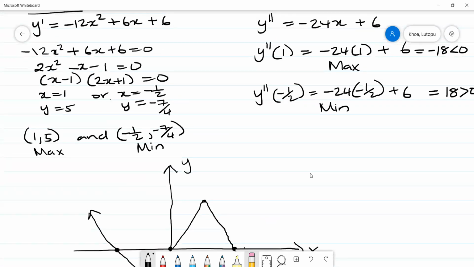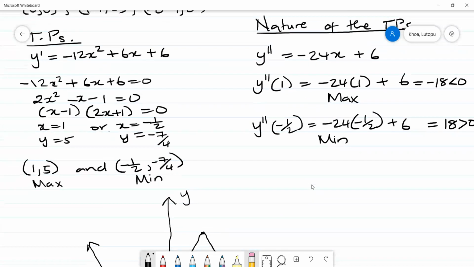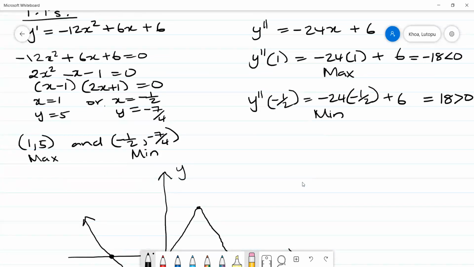Okay, one thing I forgot is the point of inflection. I do need to show that. So at the point of inflection, y double prime is equal to 0. So it was minus 24x plus 6 is equal to 0.